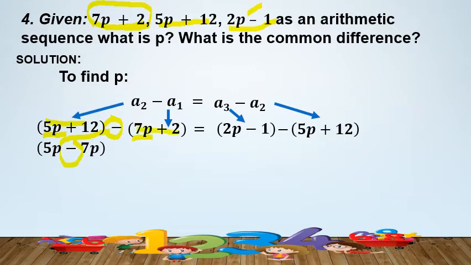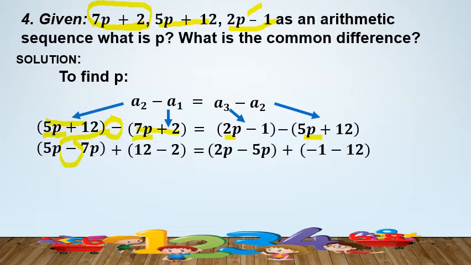So, next, plus 12 minus 2 equals, dito, pagsamahin natin yung may variables. Okay, we will have 2p minus 5p. Next, plus negative 1 minus 12.